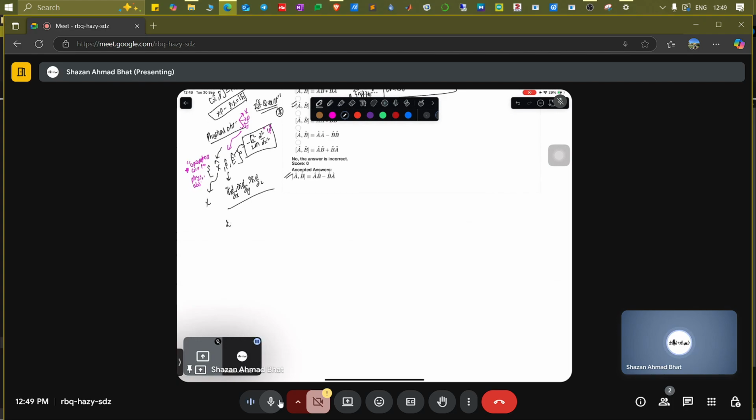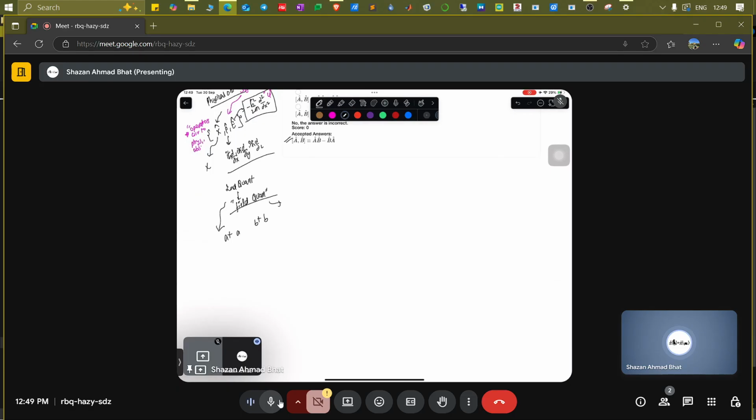If you talk about second quantization, that is basically field quantization. That is where you get those notations of A dagger, A, B dagger, B, because now you're talking about quantizing fields.